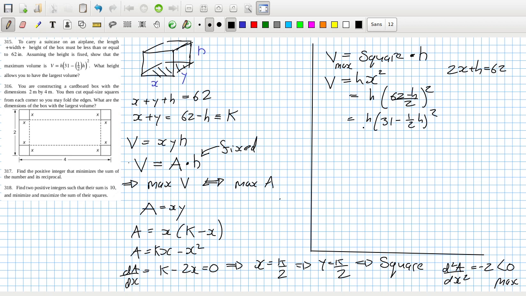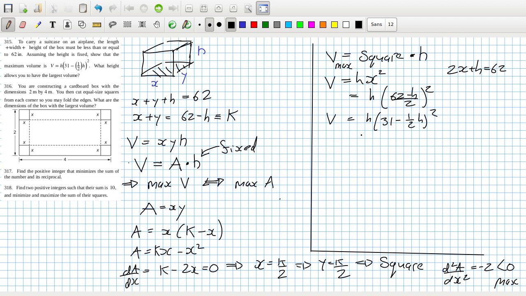But now we have to find the height. This is the formula of the volume that will make the biggest suitcase subject to the constraints.